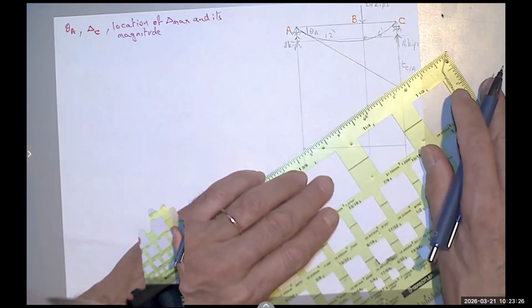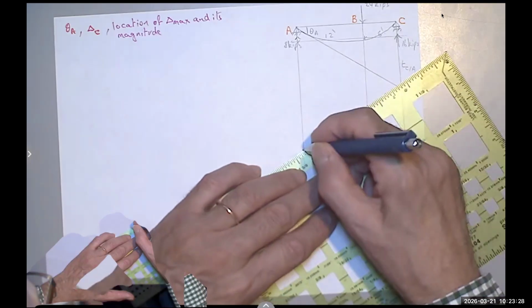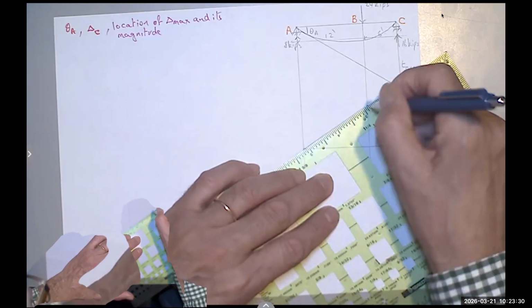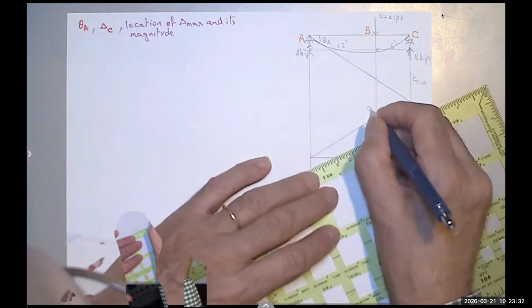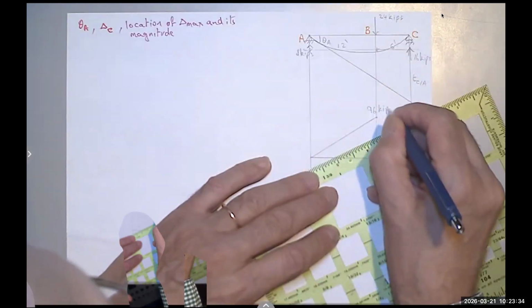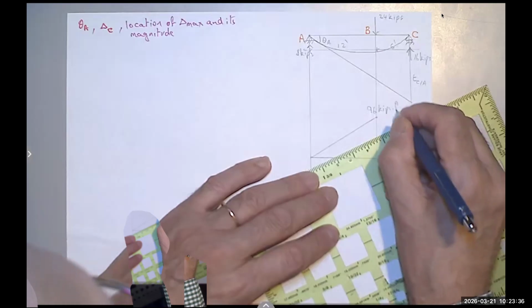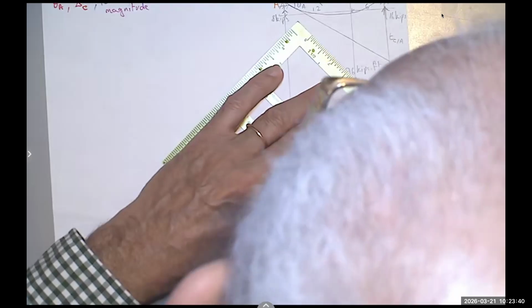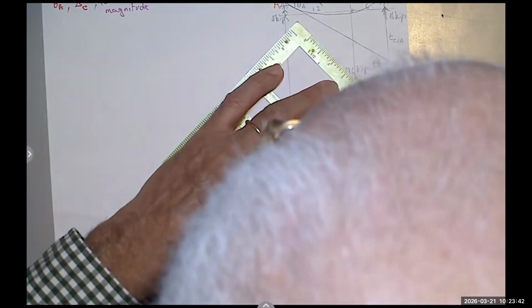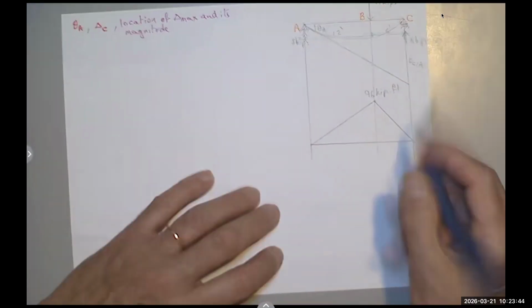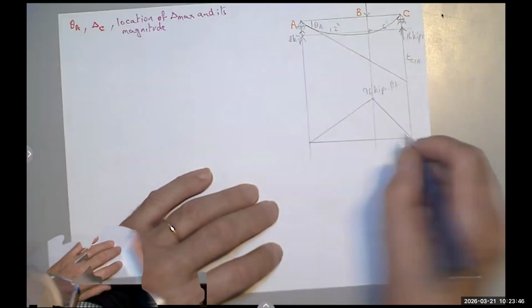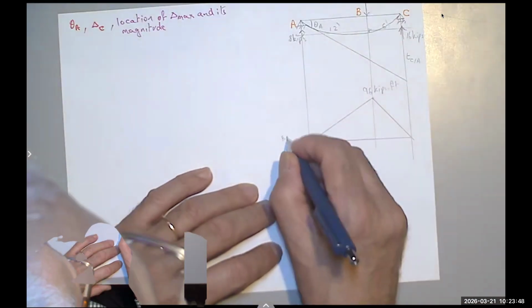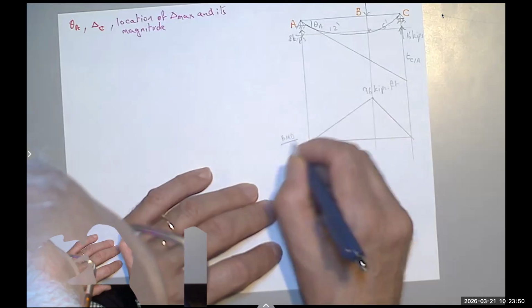So basically this is the bending moment diagram divided by EI, so that would be 96 kip-foot. And this is the same, the bending moment diagram divided by EI.